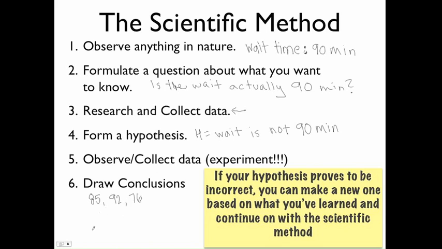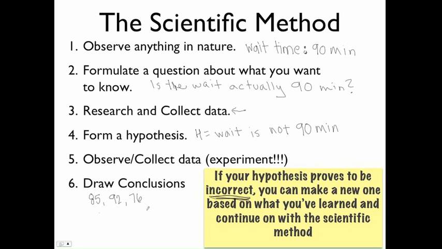Now, if our wait time was 90 minutes, then it's not bad if we had shown that the wait time actually was 90 minutes. Okay, if our hypothesis was incorrect, okay, that doesn't make our experiment worthless. It actually gives us some useful data that they're actually doing what they're supposed to do.